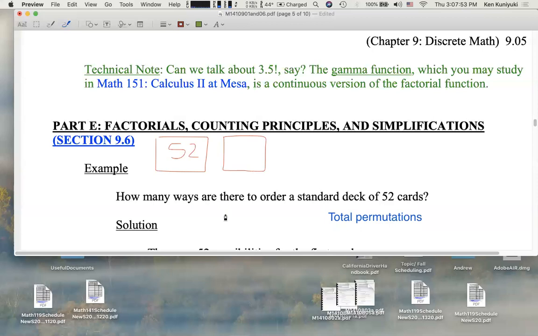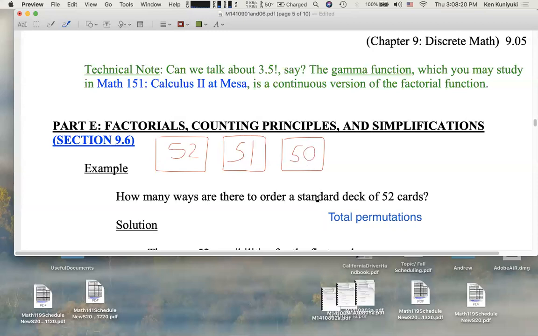How many possibilities are there left? Well, you've taken one card out. Whatever it is, you have 51 cards remaining that this card could be. Then, after these two cards are placed, whatever they are, how many possibilities are there for the third card? There are 50.